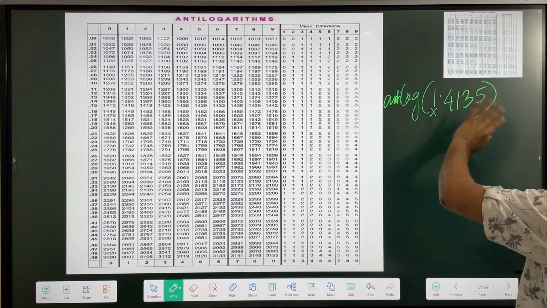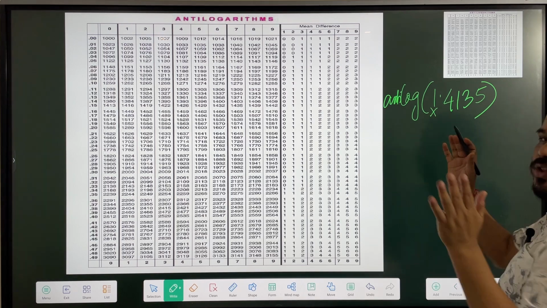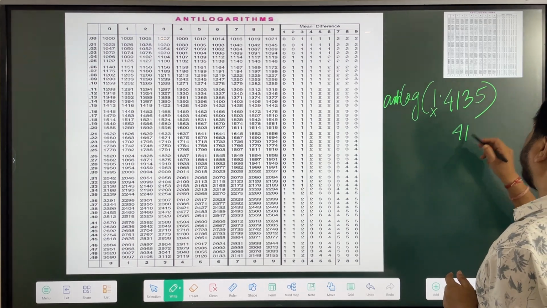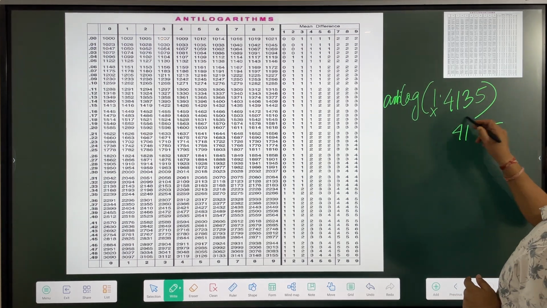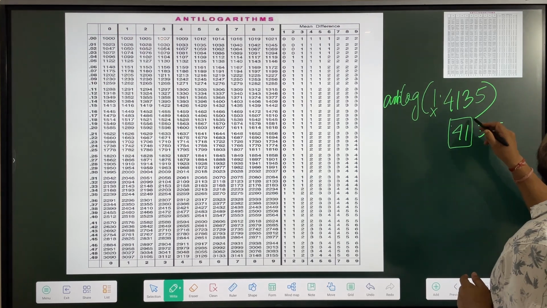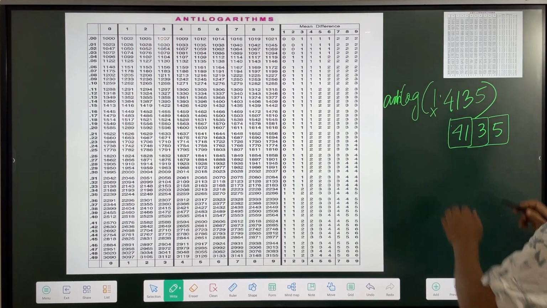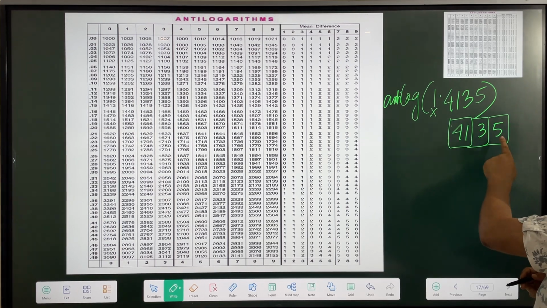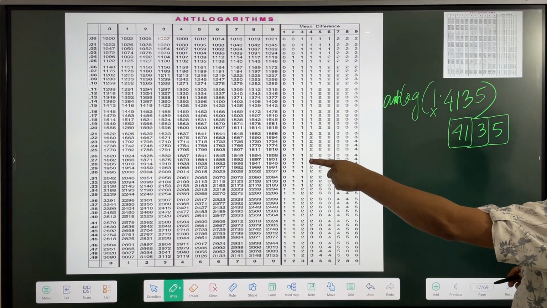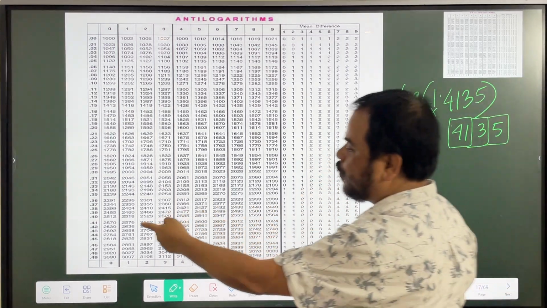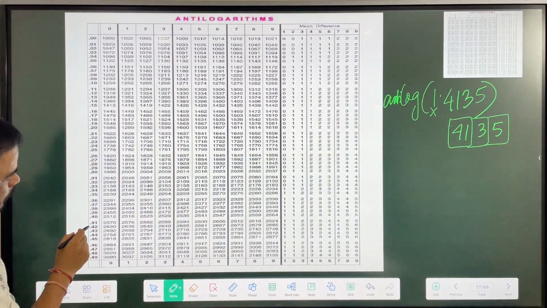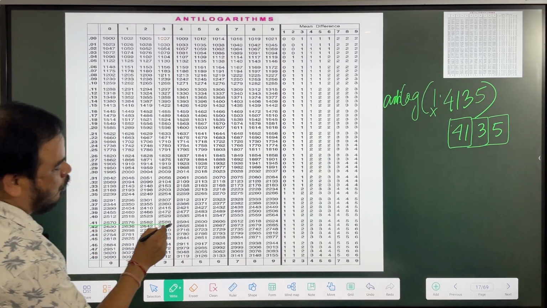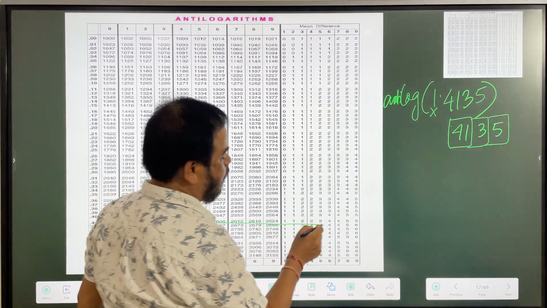Now, like the log table, we have to make it 3 parts: 4, 1, 3, 5. So the first will be one pair, second is a single digit, third also a single digit. Same thing here: 0.41, decimal 41. Where is 0.41? This is 0.41. The process is the same.